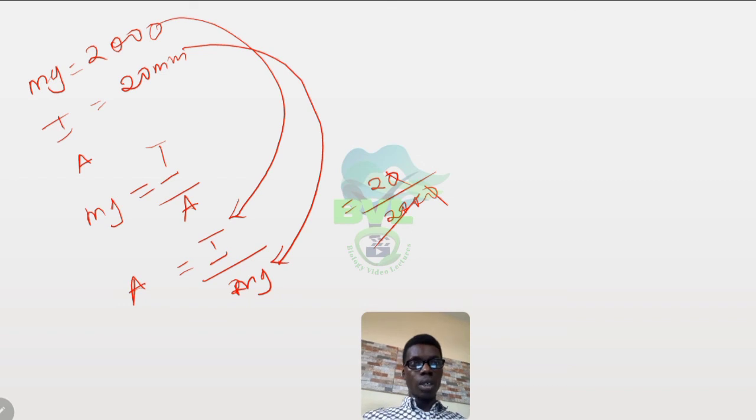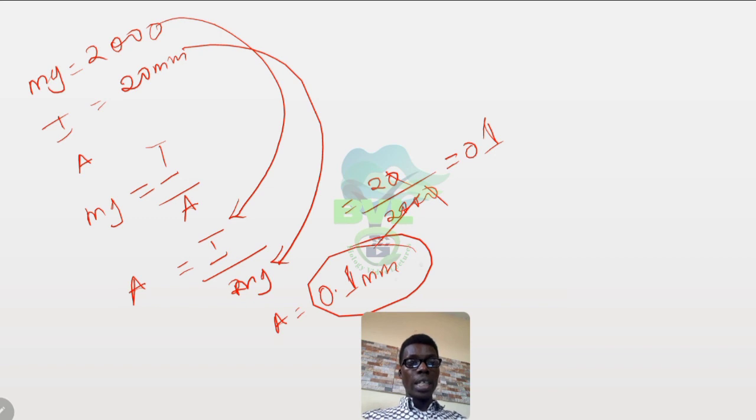Let me quickly use my calculator here. That's 0.01. So your actual size is going to be 0.01 millimeters. This is correct because the actual size is meant to be less than the image size. So this is your answer here.